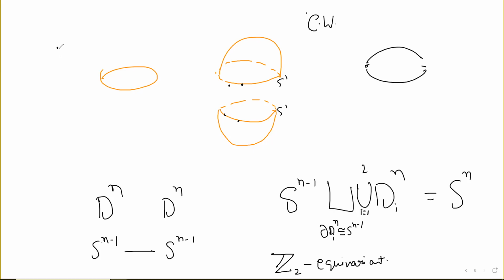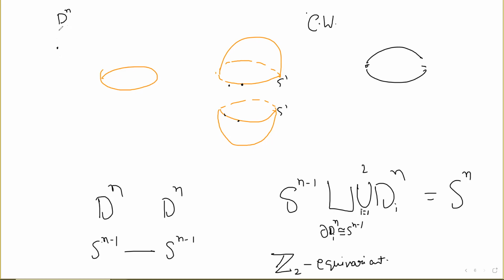As we just saw in the first problem, you can just take a point and take Dn, and with that build Sn by identifying the boundary with the point. That is also a CW complex structure by the definition of CW complexes, which we don't have an official definition of, but it is.